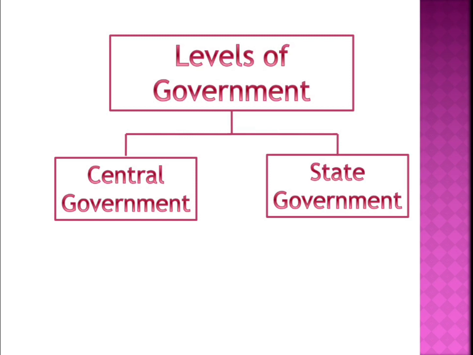They'll consider all the states, discuss how to solve the problem, and start a rule, a law in that state, so that everybody in that state gets benefited. In that way the state and central government rule our country.